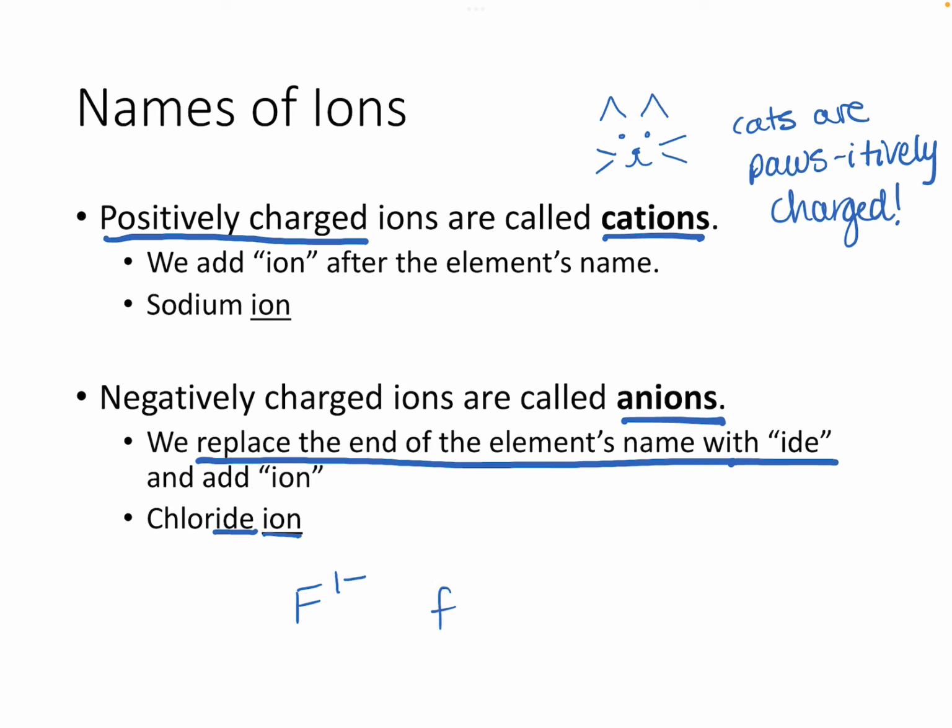And this would be called the fluoride ion. So instead of the fluorine ion, it's the fluoride ion. So again, with positively charged ions, you just add ion at the end. But with negatively charged ions, we have to replace the end of the name with IDE and then add ion.